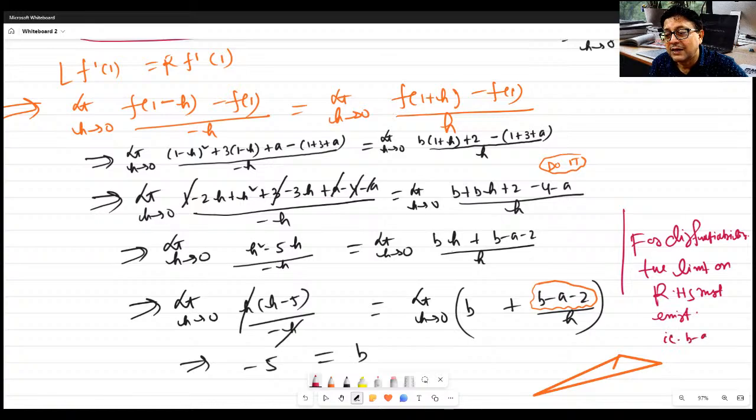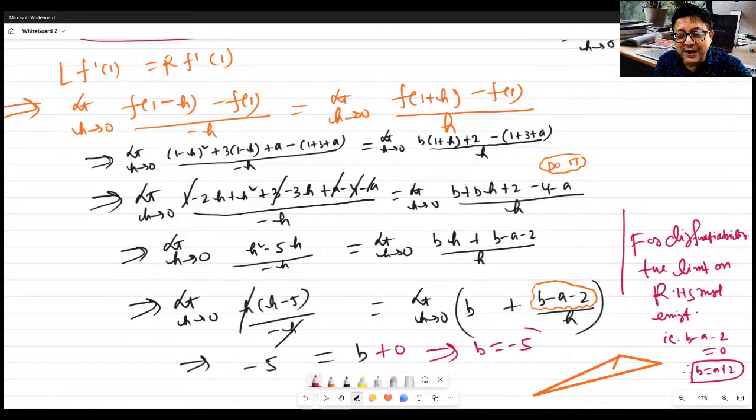That is, b minus a minus 2 must be equal to 0. Then only it is obeyed. Therefore, b equal to a plus 2. This is one added condition. And here you got something: by putting this part 0, it's coming. So b you are getting from here. It is minus 5. By putting b equal to minus 5, you can get a from there.